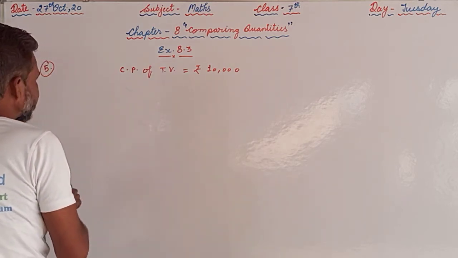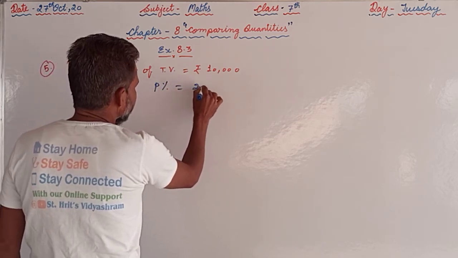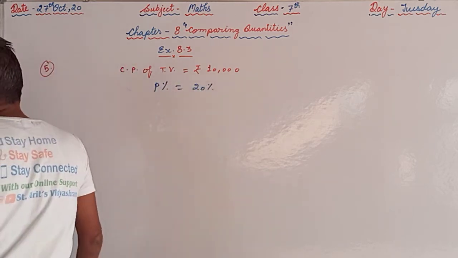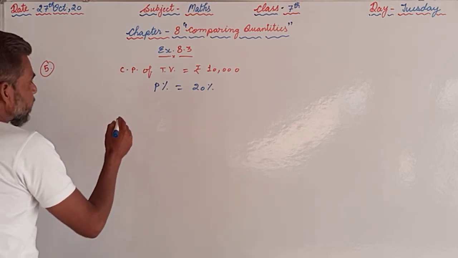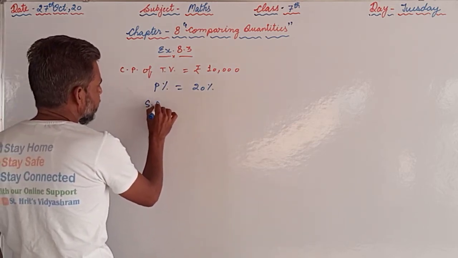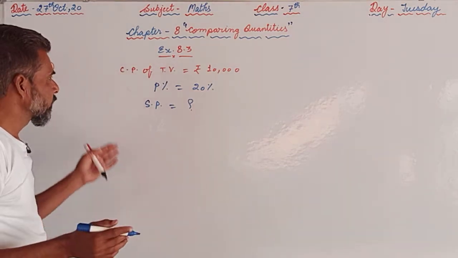The profit percent is also given, 20%. So we are supposed to find how much money I get for it, meaning the selling price, the amount for which I have sold that TV.